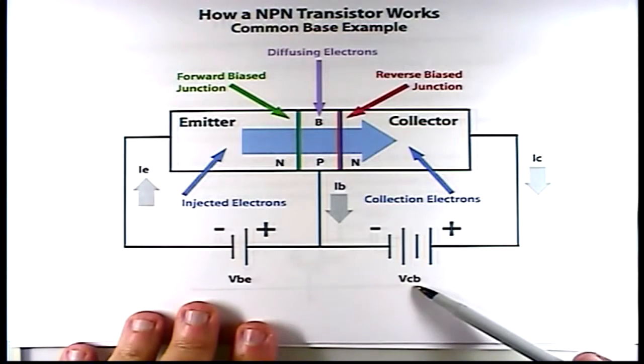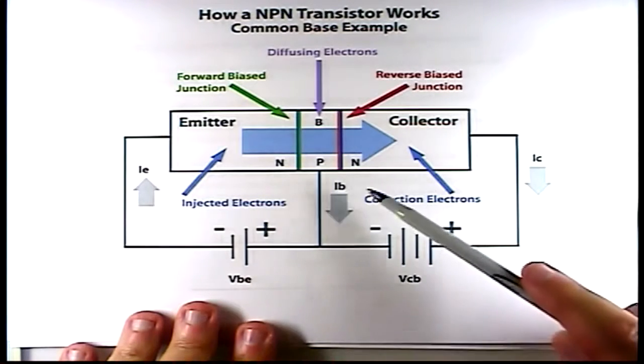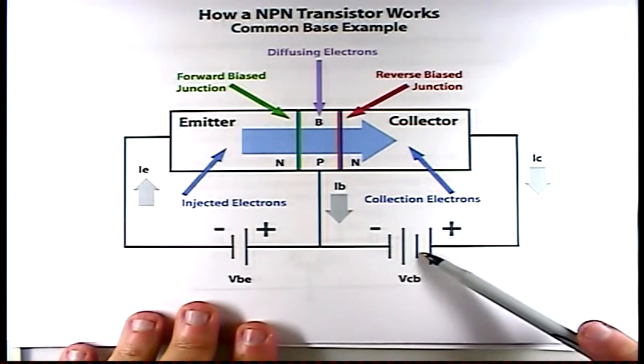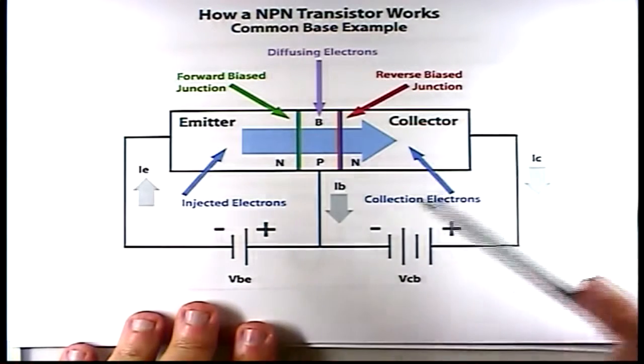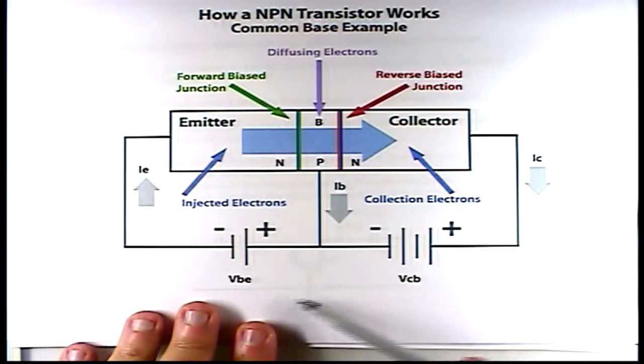We're going to call that VCB, the voltage applied between the collector and the base. VCB, voltage collector base. VBE, voltage base emitter. These two batteries are providing us with the proper bias for this transistor to work.